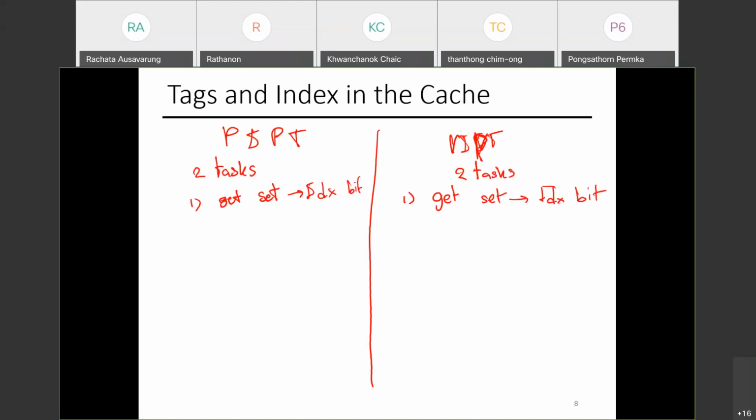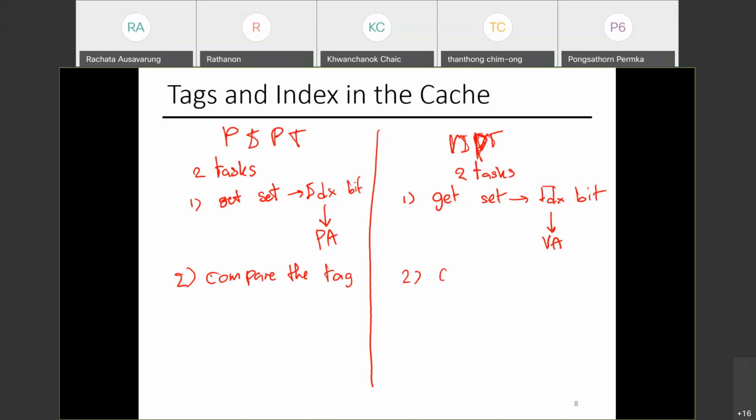For this first task in PIPT, is it from the physical address or virtual address? Look at the name. So it's PA over here, and over here is VA. The second task is to compare the tag. Both are the same.